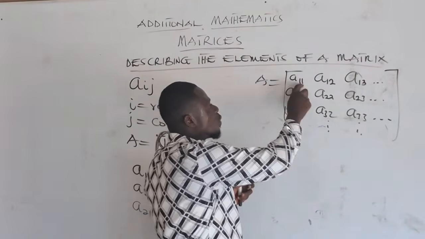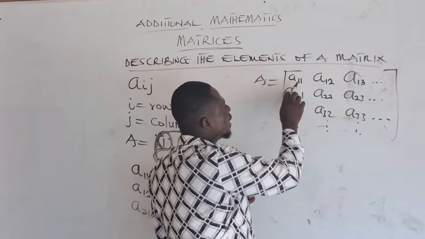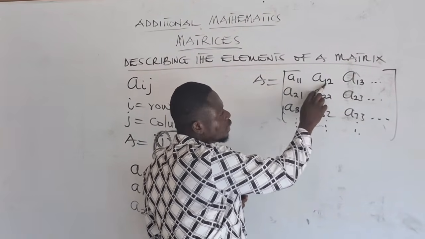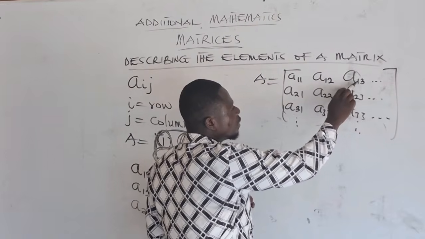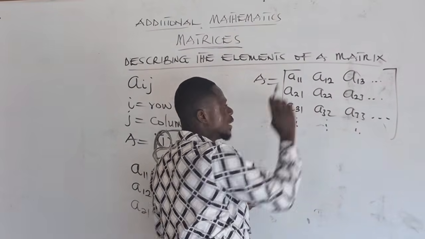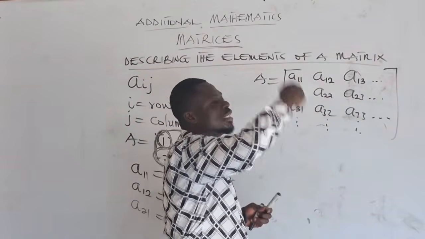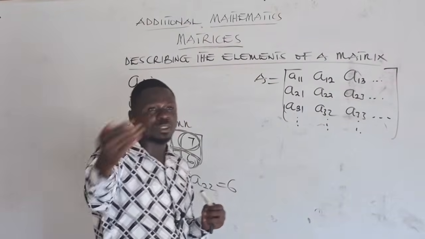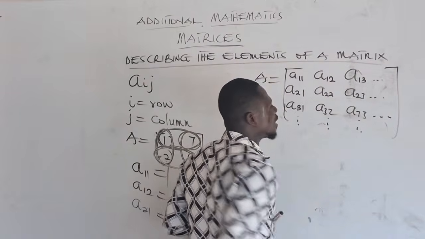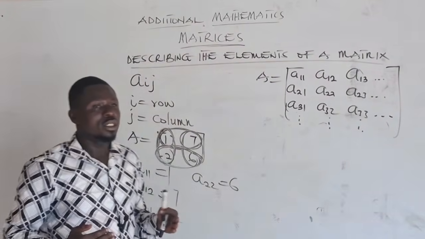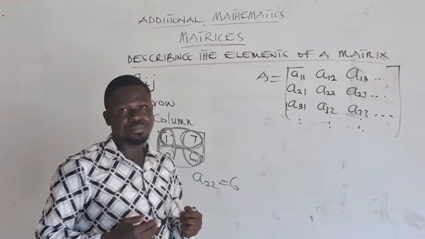We have A11 as explained here. A11 means the element in the first row, first column. A12, first row, second column. A13, first row, third column. The same thing is applied to the rest. The dots here mean that they move up to the expected number of elements. So we have the horizontals and we have the verticals. So this is how the elements of a matrix are written.